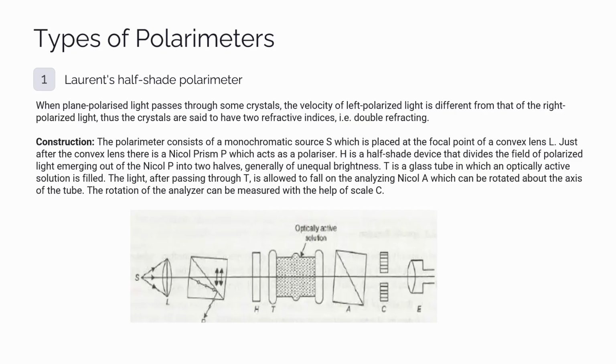And H, which is a half-shade device, divides the field of polarized light of the nicol prism into two halves, generally of unequal brightness. The T is a glass tube in which an optically active solution is filled. The light, after passing through T, is allowed to fall on the analyzing nicol, which can be rotated about the axis of the tube. The rotation of the analyzer can be measured with the help of a scale.